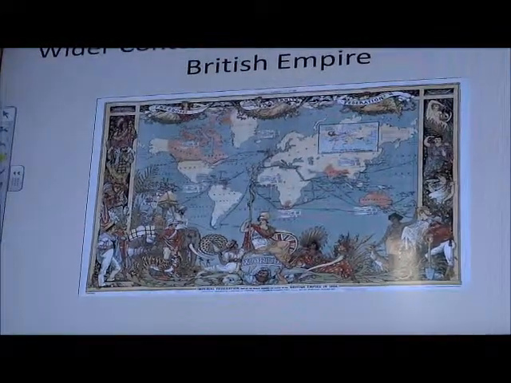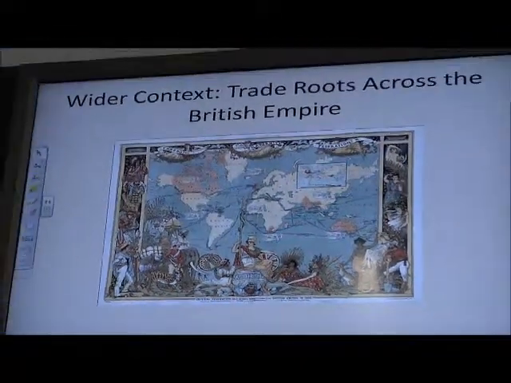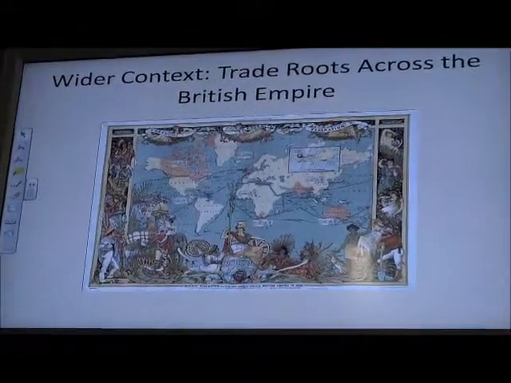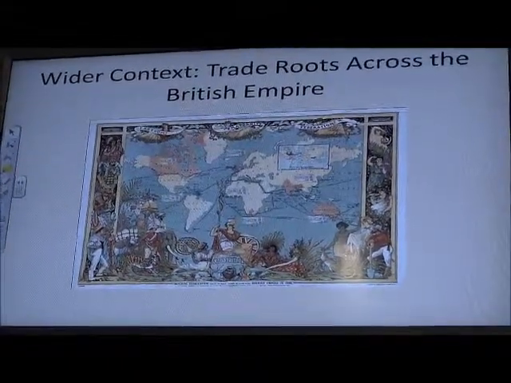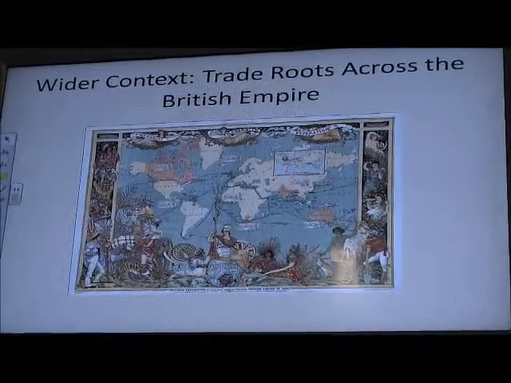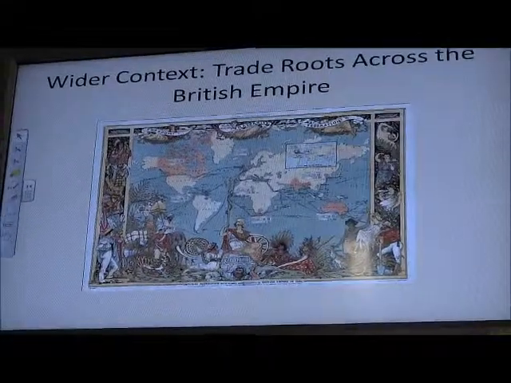And so this isn't just happening in India, it's part of a global process of colonisation. And as you can see from the map, the areas coloured pink or red, it's a very typical way of representing the British Empire as India becomes incorporated into this global enterprise.